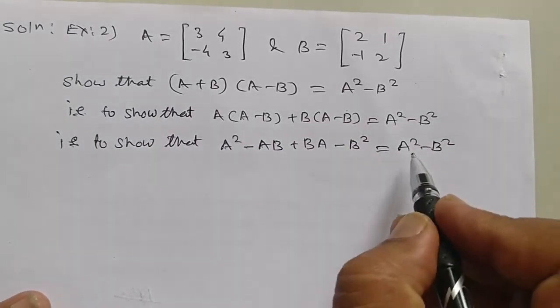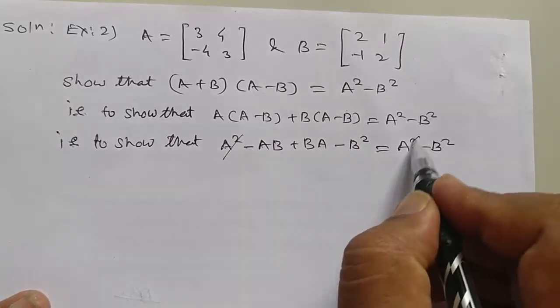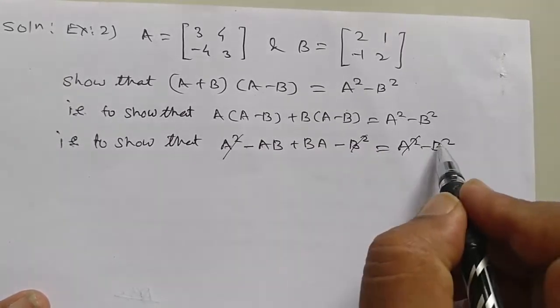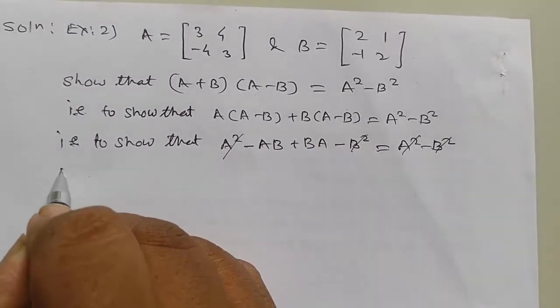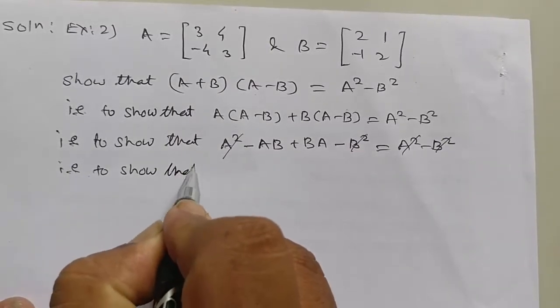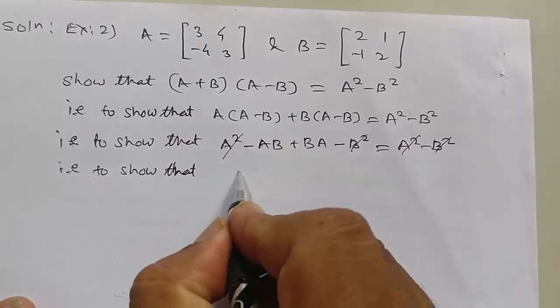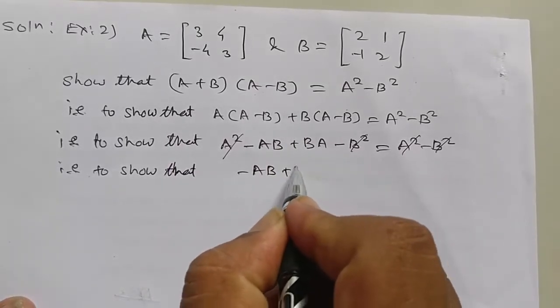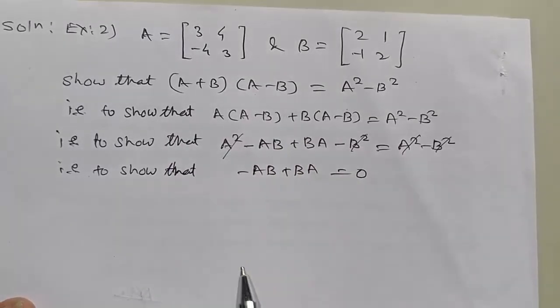Now cancelling the common factors, A square gets cancelled, B square minus B square gets cancelled. That is to show that minus AB plus BA is equal to 0.